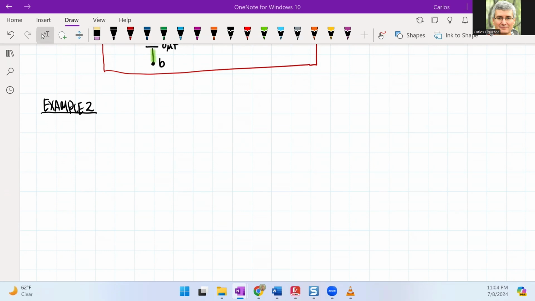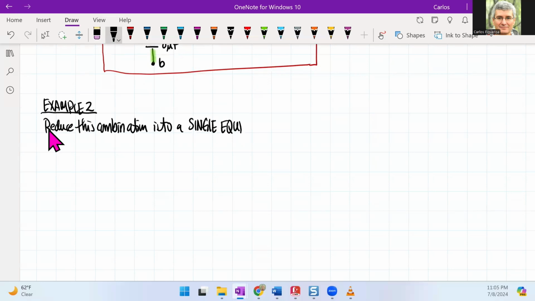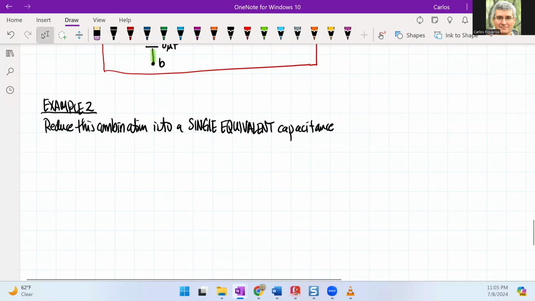Let's say that we're going to reduce this combination into a single equivalent capacitance. So now all we have to do is go in and look at what that is.